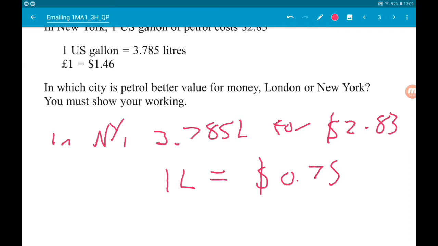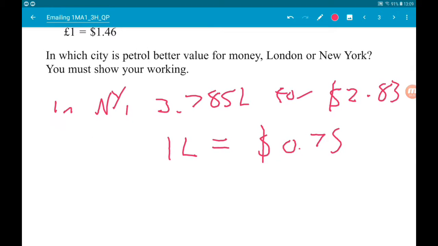So to now turn this into pounds, we now need to divide $0.75 by $1.46.